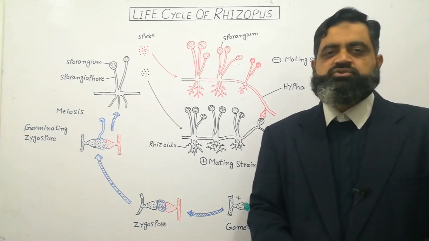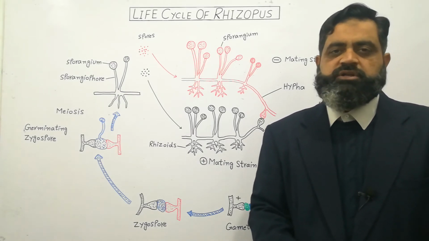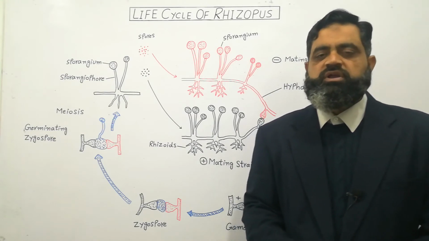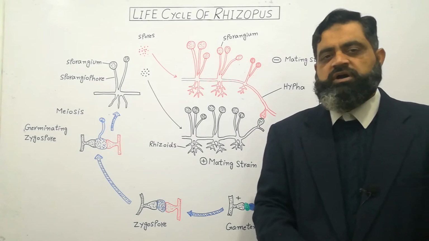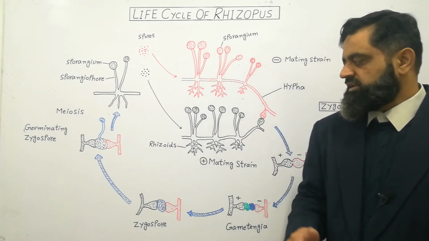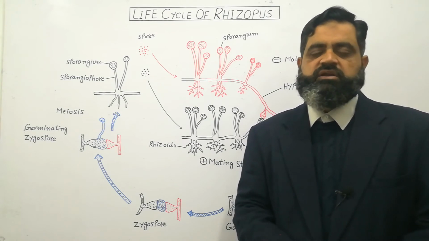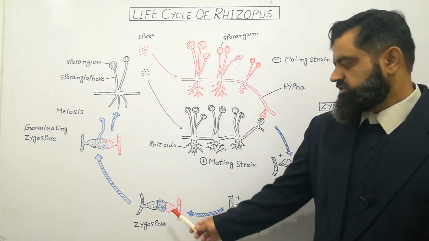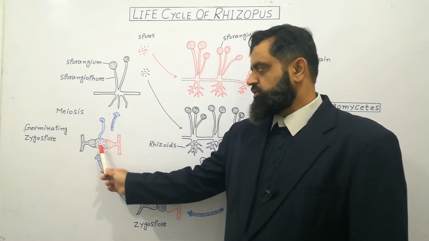Zygospore is resistant to heat, light and desiccation, and it can tolerate unfavorable conditions like strong light, high temperature, low temperature or dryness, and can survive for months after its formation. When there are favorable conditions like hot weather and humidity in the atmosphere, this zygospore starts to germinate. So this is a germinating zygospore.